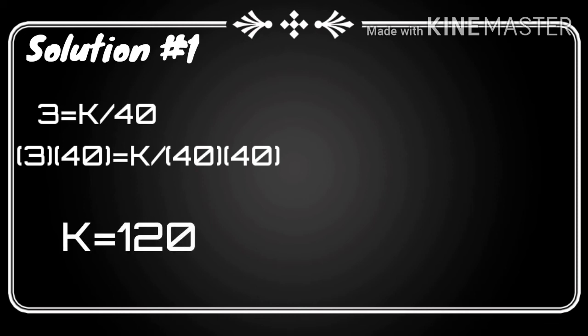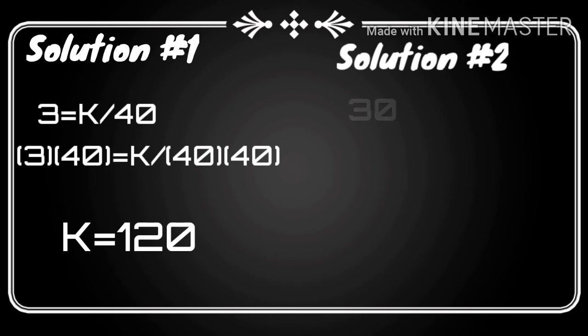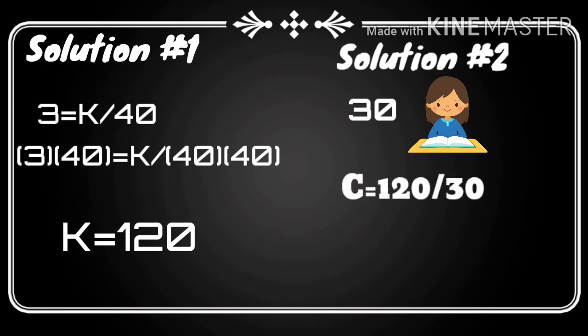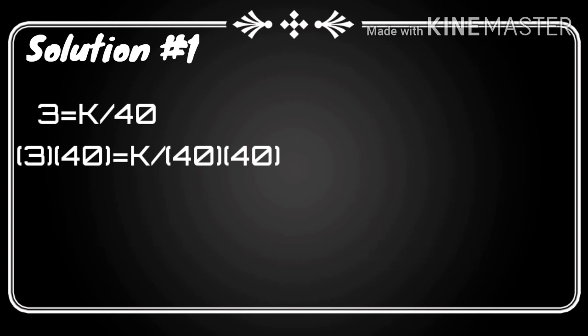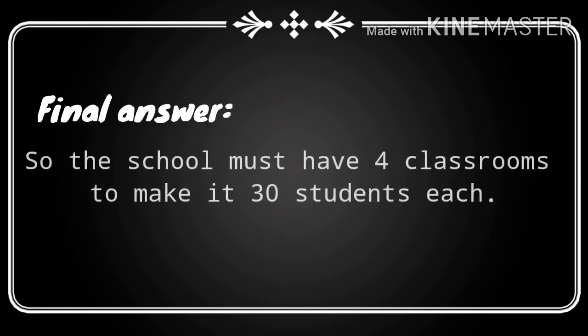For our second equation, every classroom must hold up to 30 students, so C equals 120 over 30, which gives us C equals 4. So the school must have 4 classrooms to make it 30 students each.